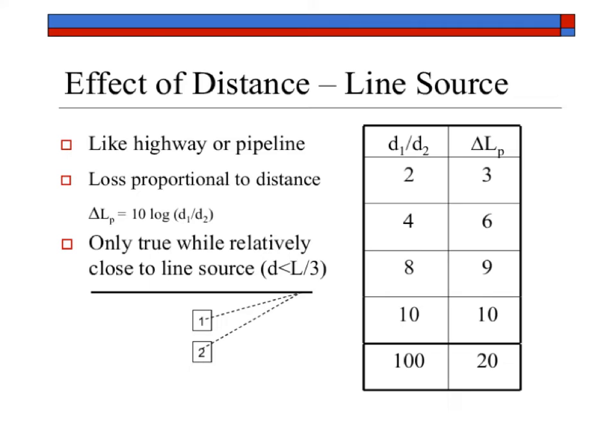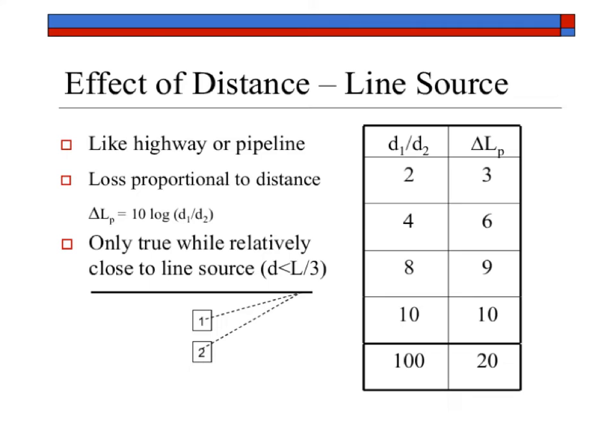But if you think about how you're moving relative to the portion of the noise source out on the end, you can see that you haven't doubled the distance. It's only been changed a little bit if we were to draw a line from position 1 to the end and from position 2 to the end. Therefore, we can't use the inverse square law, and we have to use the simple distance proportional.